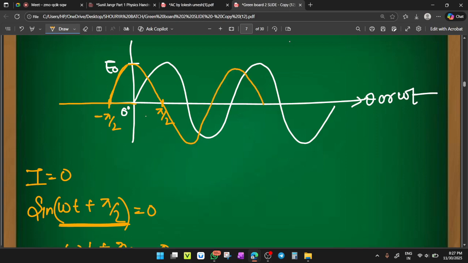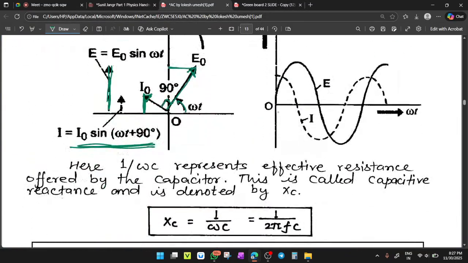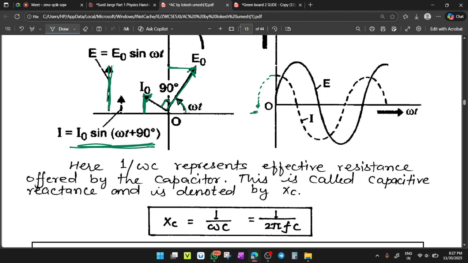Your current will start from somewhere here at an angle of minus pi by 2, so it will lead the alternating EMF by an angle of pi by 2.